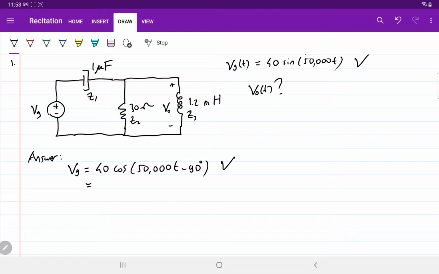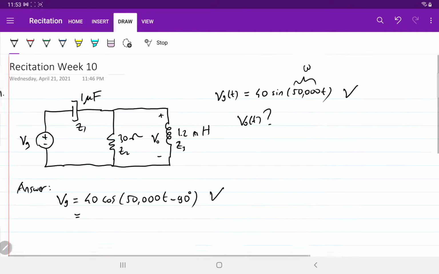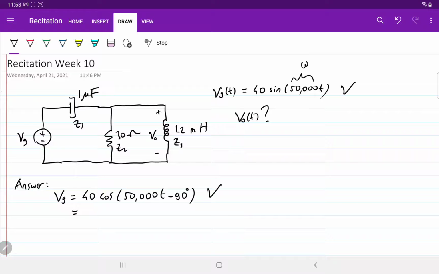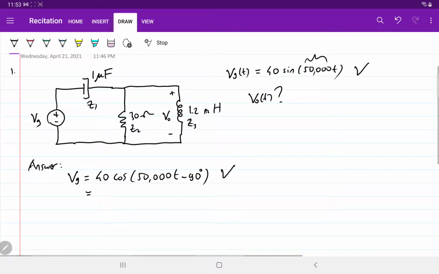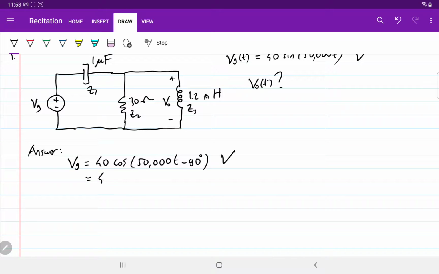And since we fix omega at 50,000 radian per second, we can express this in polar form. So 40 with an angle minus 90 degrees, right?